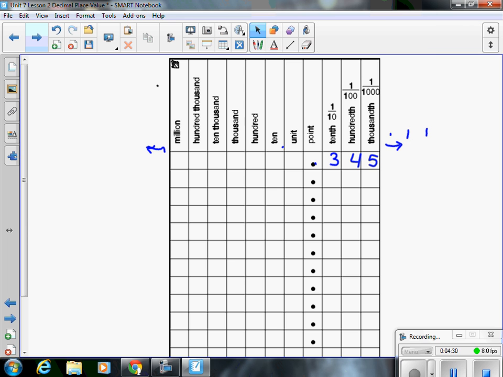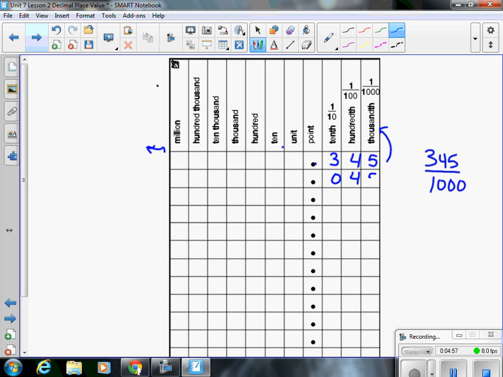We would say 345, and then we would look up here at what it says, thousandths. 345 thousandths. It's just like if you were to write it as a fraction, it would say this, 345 thousandths.